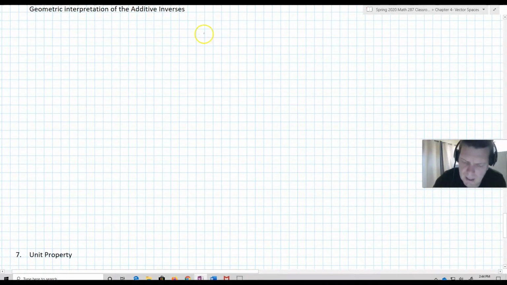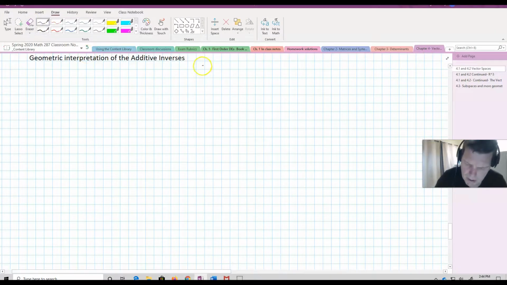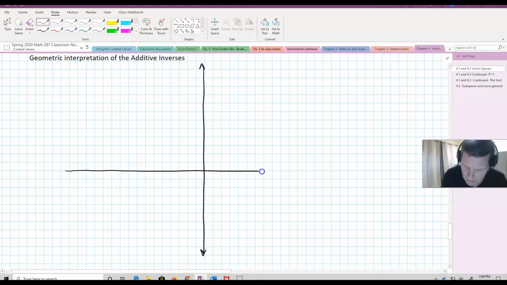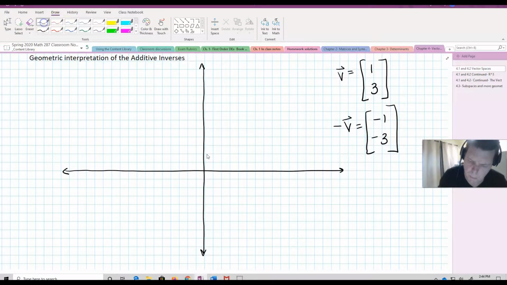It's the idea that if I move out on one vector, let's say, for example, that V equals (1, 3), then negative V is going to equal (-1, -3).